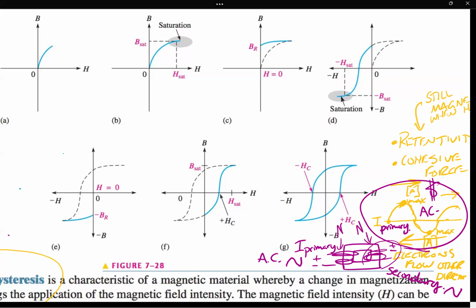So depending on N in primary and N in secondary, it will depend on the sinusoid of current in amps that I get out on the secondary.